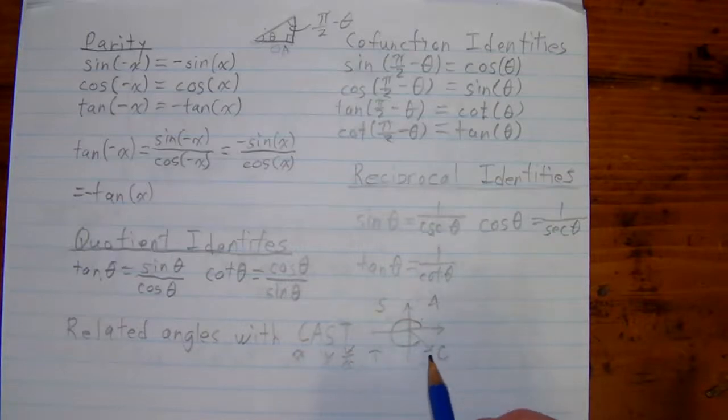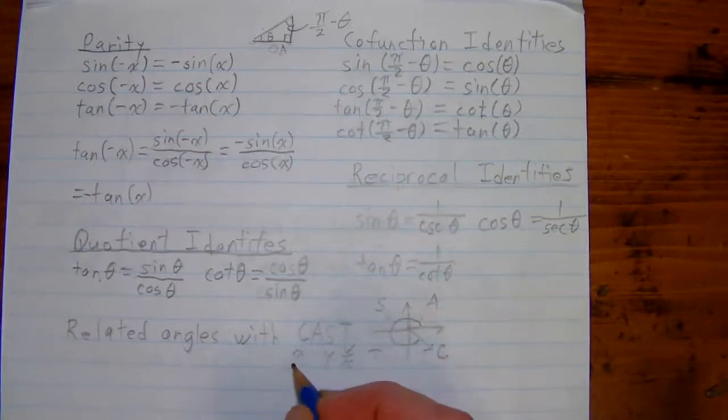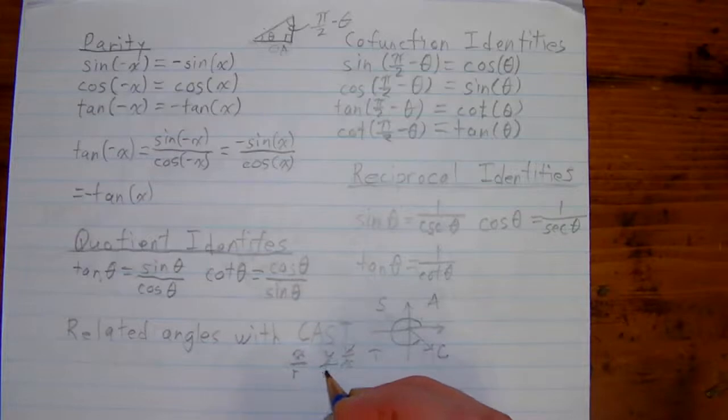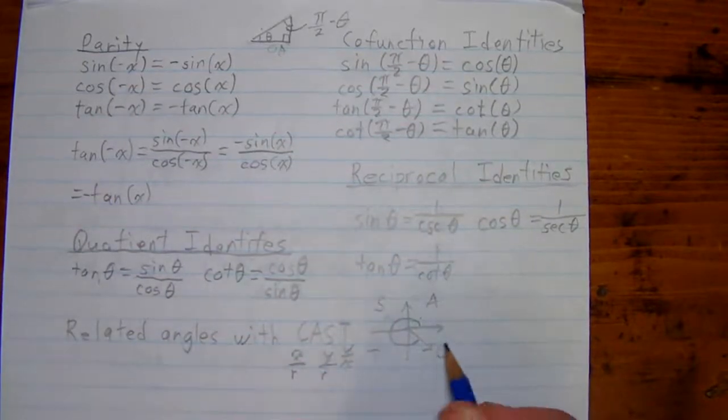So tan will also be negative, leaving cosine as the only positive one there. So you can remember CAST, but if you know that cosine is x coordinate divided by the radius, sine is the y coordinate divided by the radius, and tan is the y coordinate divided by the x coordinate, then it's very easy to figure out which one is going to be the positive ratio.